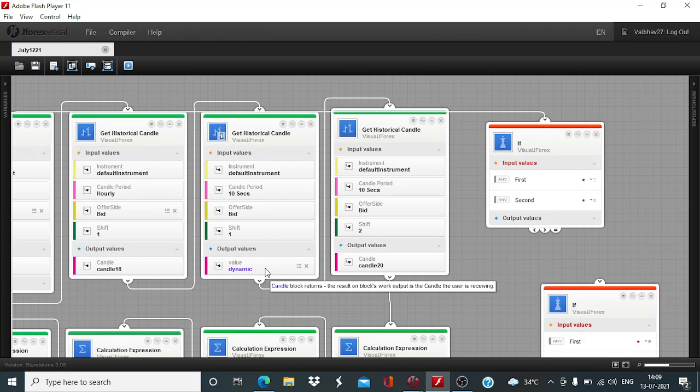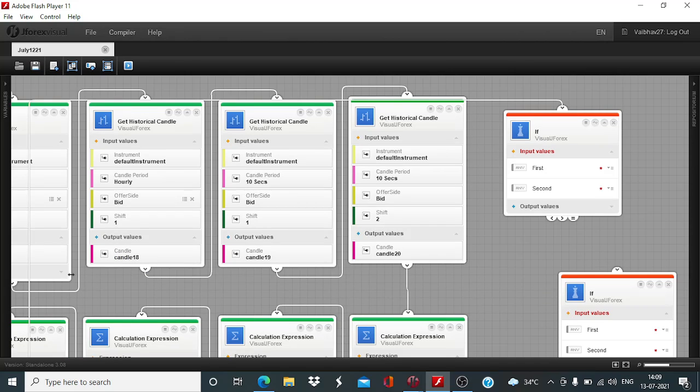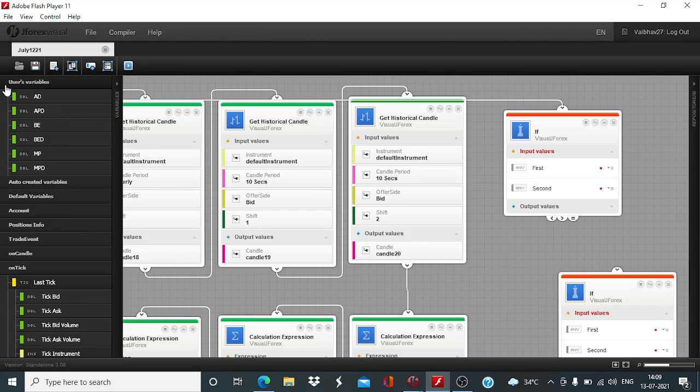So candle 19 close needs to be greater than the candle 18 close, whereas candle 20's close needs to have been below candle 18 close.